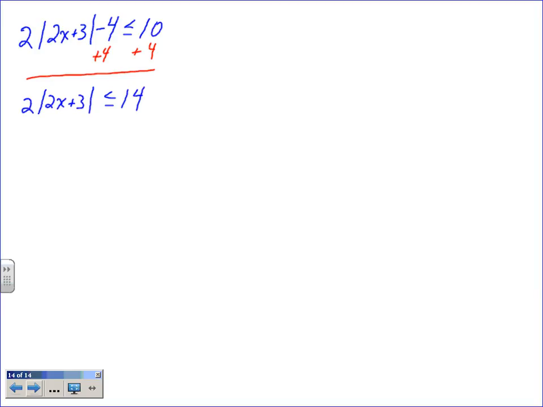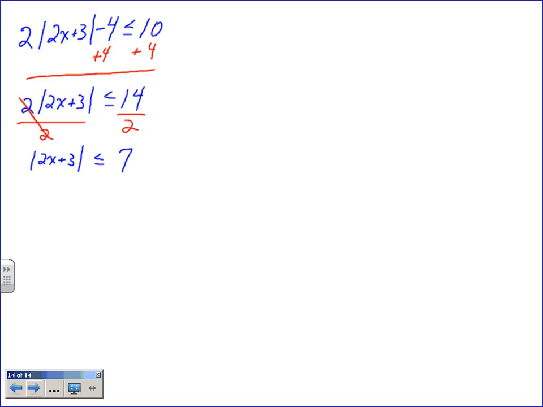And now what do we do, Nick? Divide by 2 is correct. So these 2's will cancel. I didn't divide by a negative, so I don't have to flip the sign. Right, Zach? So I have the absolute value of 2x plus 3 is less than or equal to 7.